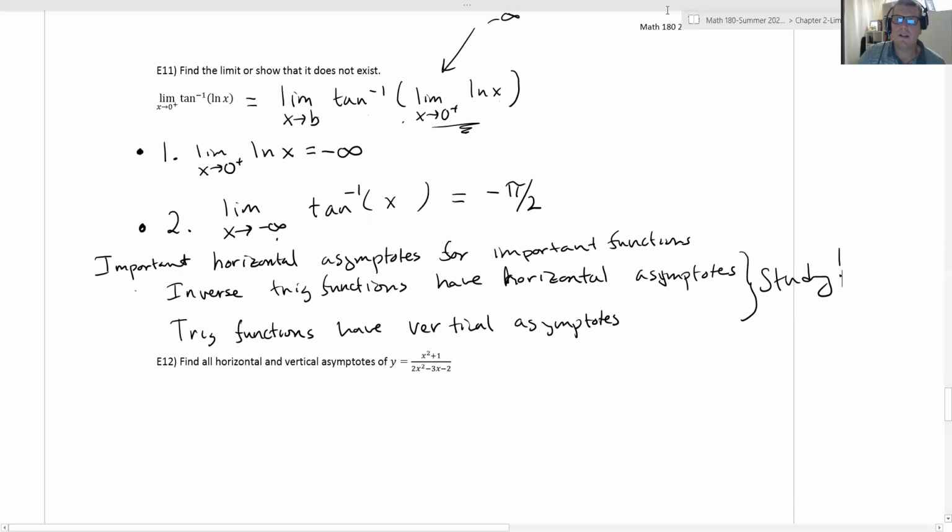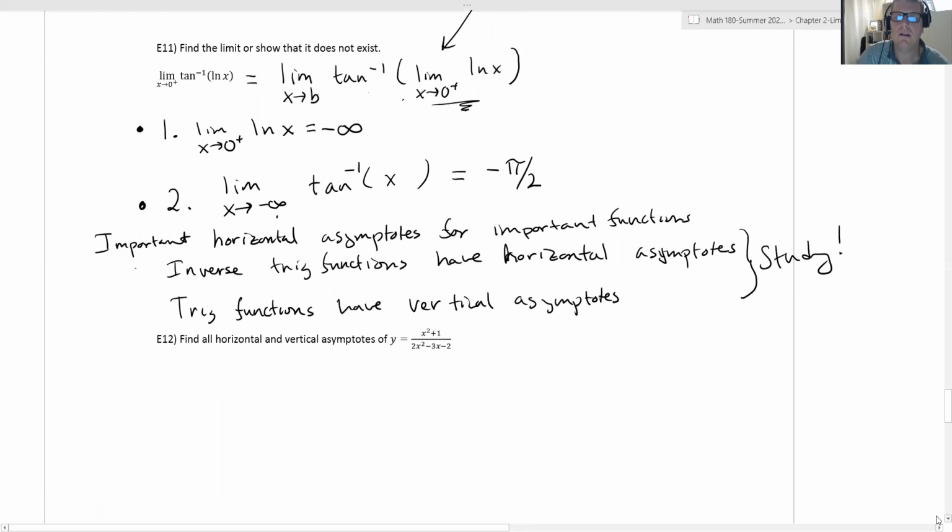Let's take a look. Now find the horizontal and vertical asymptotes of y equals x squared plus 1 over 2x squared minus 3x minus 2. Let's first start out here. Let's have you guys find the vertical asymptotes.